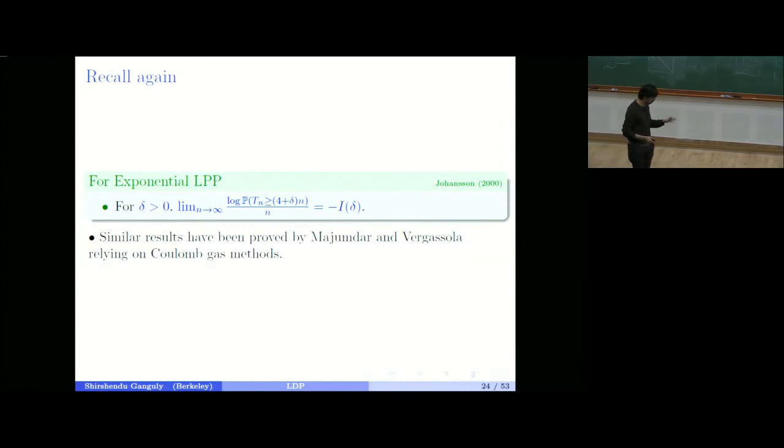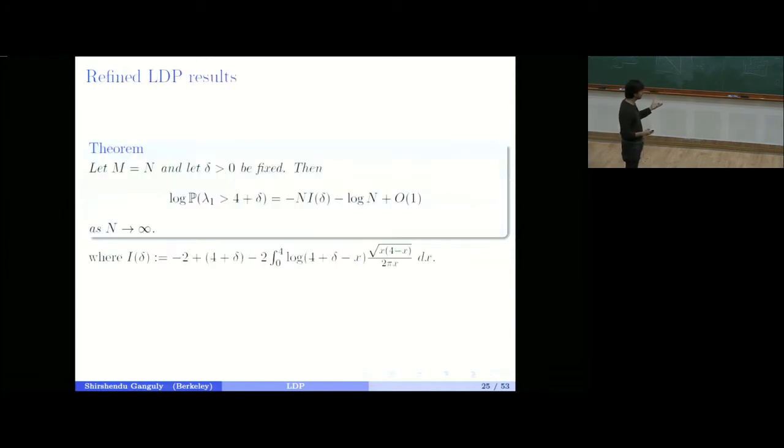The key improvement that we need to deduce what we want is this refinement. The probability that lambda 1 is bigger than 4 plus delta roughly looks like e to the minus n I(delta), which is this large deviation statement. But to make this deduction, you need correction terms, and it turns out that the correction is minus log n plus order 1.